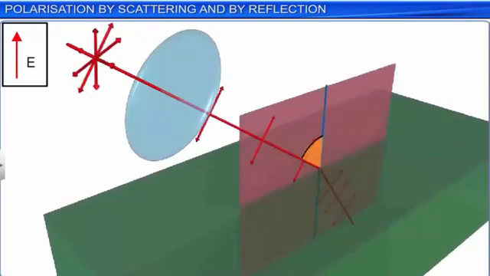From Snell's law, N1 sin IB is equal to N2 sin R. On combining these equations, we get N1 sin IB is equal to N2 sin (90 minus IB). This can be written as N2 by N1 is equal to sin IB by cos IB. This means the refractive index of the second medium with respect to the first medium, N21, is equal to tan IB. This is known as Brewster's law.